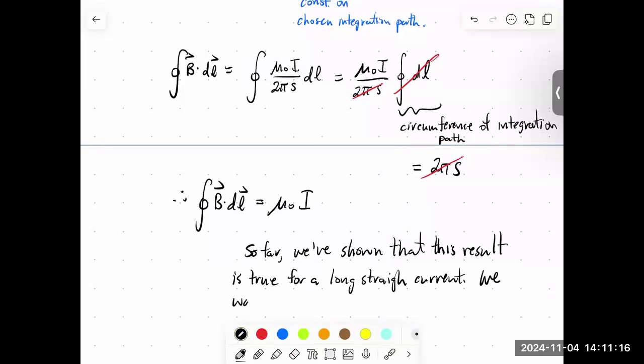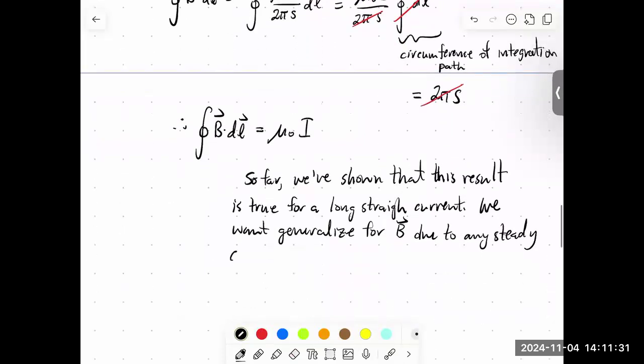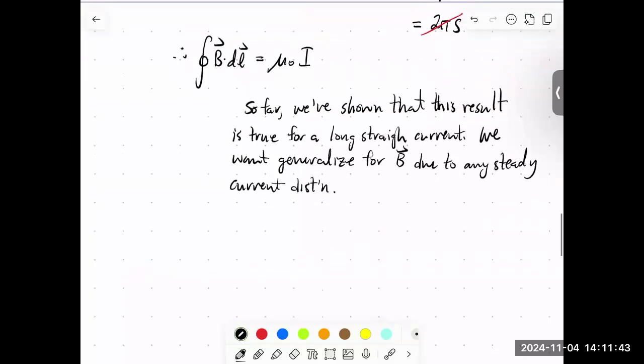We want to generalize it for B due to any steady current distribution. Once we do that, we'll call this Ampere's law. In fact, this will be the integral form of Ampere's law.